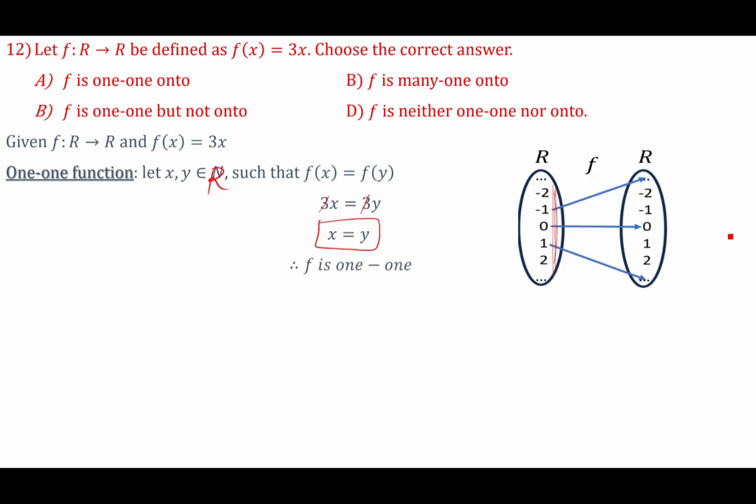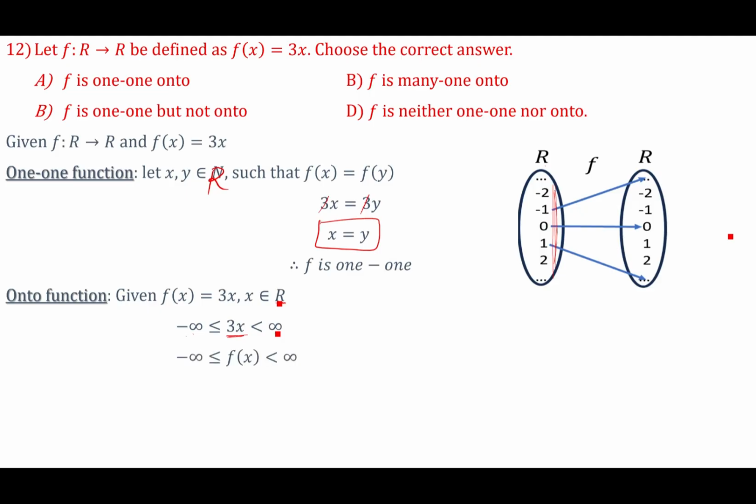Check for onto function. There are many different ways to check for onto. Given function f of x is equal to 3x, and x could be any real number. So 3x lies between -infinity and +infinity because x is any real number. If I plug in any value of x, I will get an answer from -infinity to +infinity, any real number.